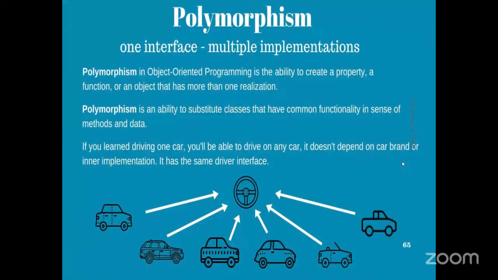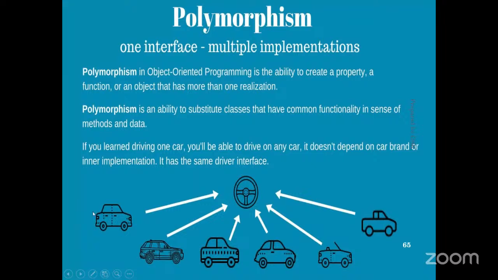Next important feature in the OOPS concept is polymorphism. This is a Greek word actually. Poly means many, morph means faces, many faces. If one object shows different behaviors, that is called polymorphism in general. For example, see this real life example. We have the steering in all the vehicles in general.